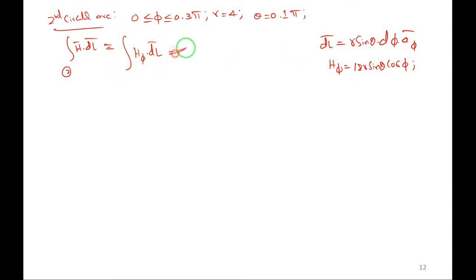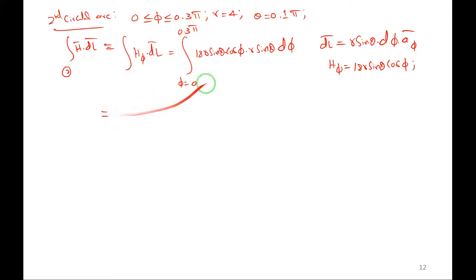Okay, let me write it. So what I am getting, if I take the dot product, is 18 r sin theta cos phi into r sin theta d phi, and phi is varying from 0 to 0.3 pi.